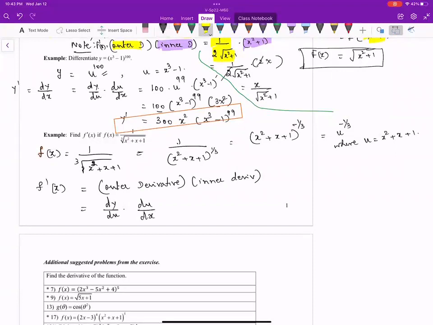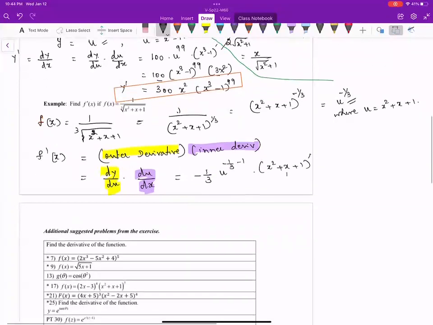The outer derivative is dy by du. The inner derivative is du by dx. The outer derivative is the derivative of this u to the negative 1/3. So it is negative 1/3 u to the negative 1/3 minus 1. Then the derivative of u, which is the derivative of x squared plus x plus 1.